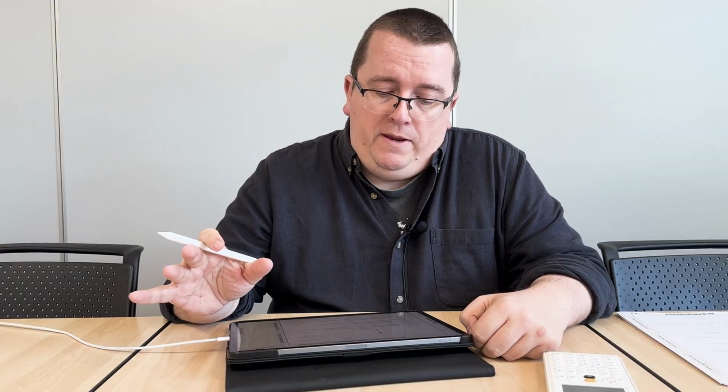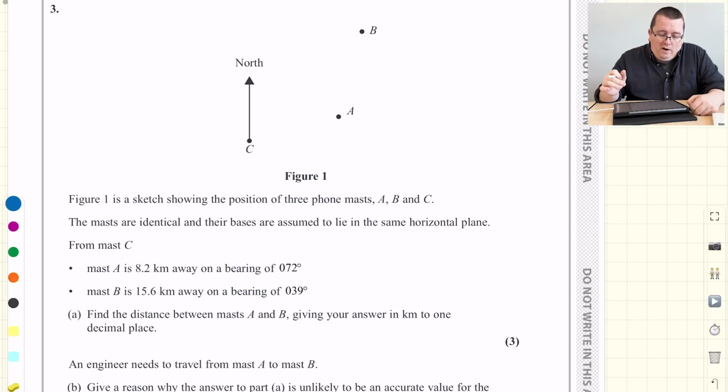So this is question number 3. We've got figure 1. Figure 1 is a sketch showing the position of 3 phone masts, A, B and C. The masts are identical and their bases are assumed to lie in the same horizontal plane. From mast C, mast A is 8.2 kilometers away on a bearing of 072 degrees.